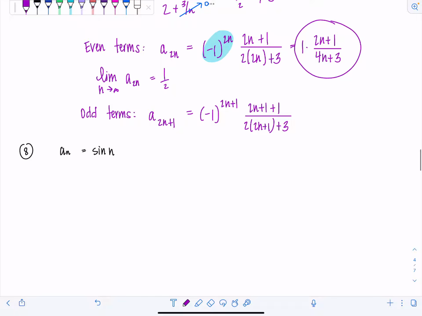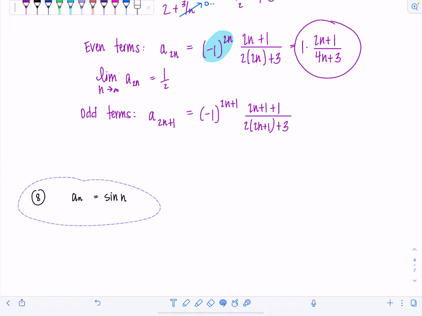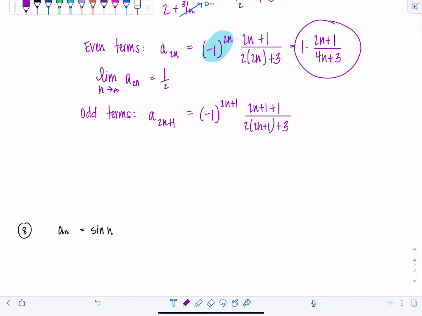Well, what does that tell us? Move, I need some room. (-1)^(2n+1) is always going to be -1 because you're raising it to an odd power, okay? So then you would have -(2n+2) in the numerator over, this would be 4n+5.